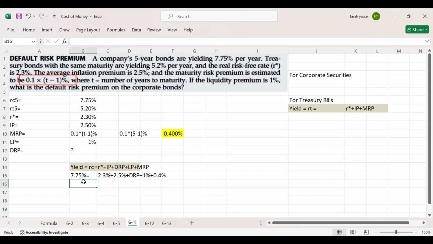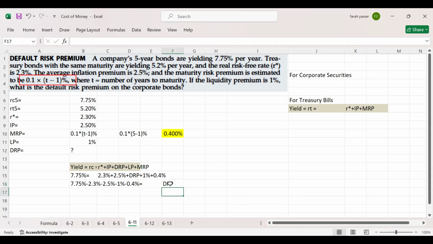So we take all the percentages to the other side: 7.75% minus 2.3% minus 2.5% minus 1% and minus 0.4%. What will we have on the other side?